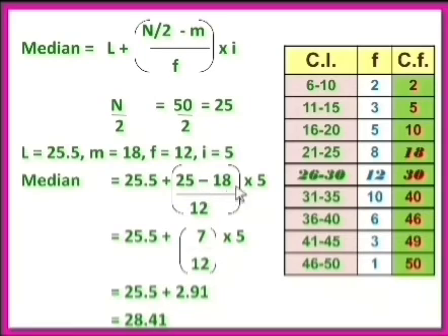Now we subtract 18 from 25 and we get 7, so it equals 25.5 plus 2.91, that equals 28.41. Thus we get the value 28.41. The median for the given data is 28.41.